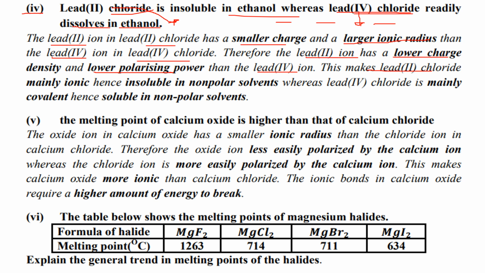This makes lead-2 chloride predominantly ionic, and therefore it's going to be insoluble in nonpolar solvents such as ethanol, whereas lead-4 chloride is going to be mainly covalent because the lead-4 ion has a higher charge, smaller ionic radius together with the highest polarizing power. Therefore, lead-4 chloride is going to be predominantly covalent, and therefore it's going to have characteristics of covalent compounds such as being soluble in nonpolar solvents such as ethanol, which was given in the question.